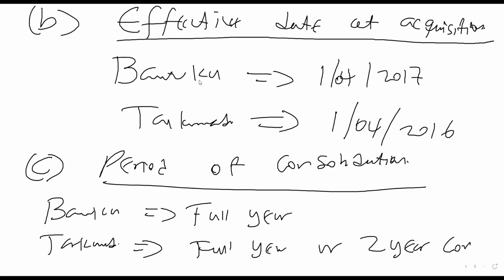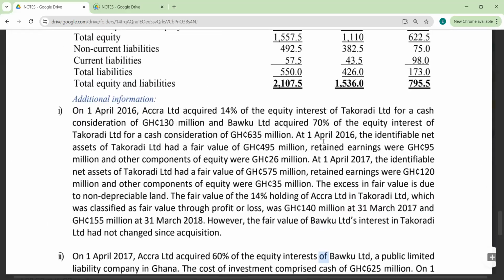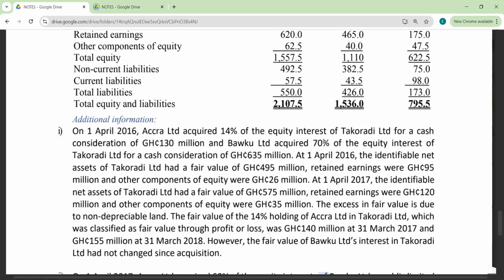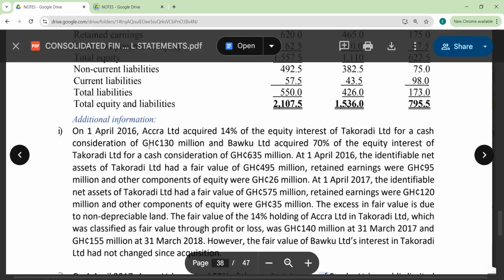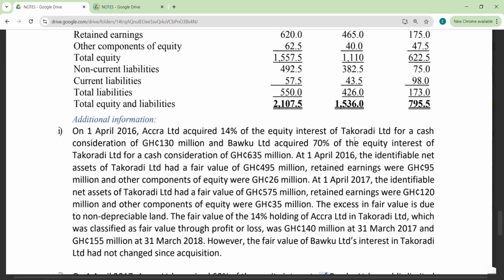Please check the date of Accra. Let's go there. Tadi 2016, 1st April. He had no control over Boko. As at the time Boko acquired Takrady, Accra had no control over Boko.